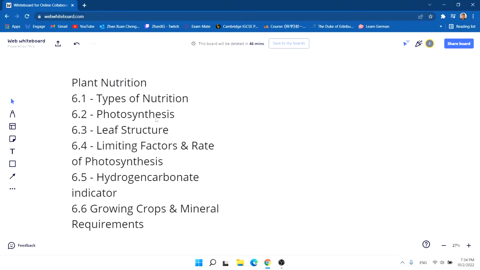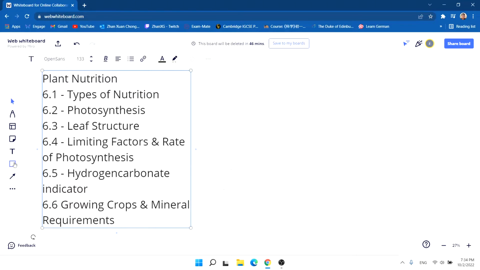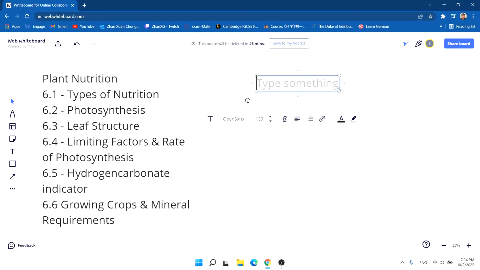Okay, so we are going to start with a bit about the types of nutrition that we have learned previously.